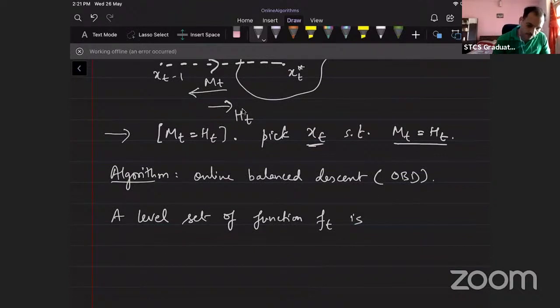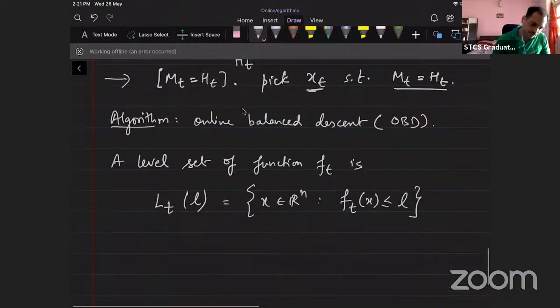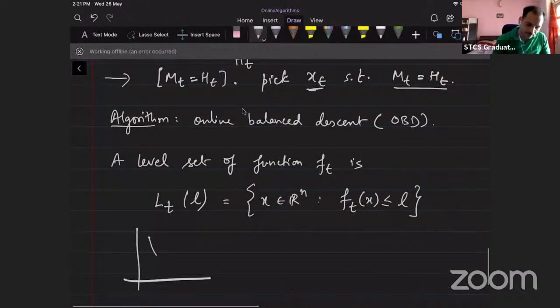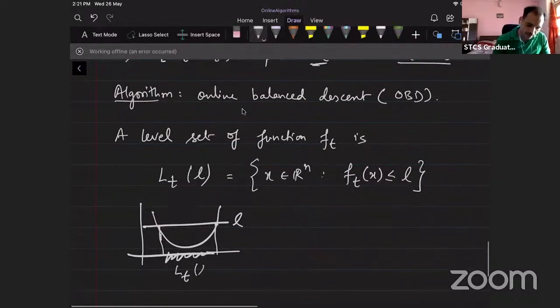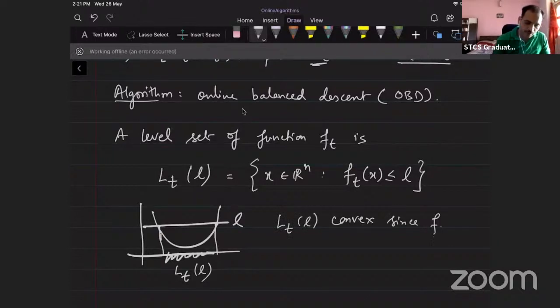The level set lt of l, where the level is little l, is all x belonging to Rn such that ft of x is less than or equal to l. In one dimension, this is your l, and this is the area that is lt of l. And we know that lt of l is convex since ft is convex.